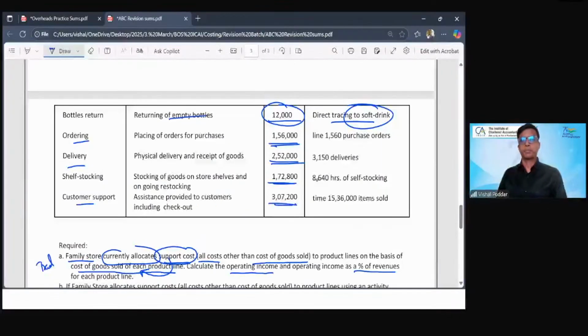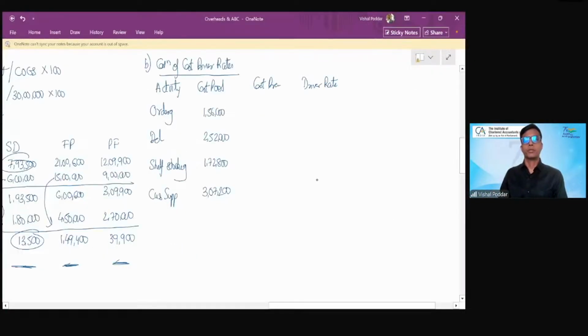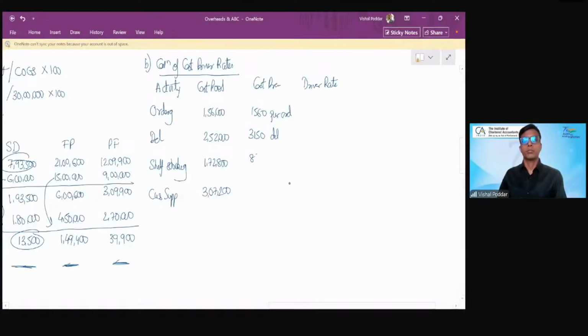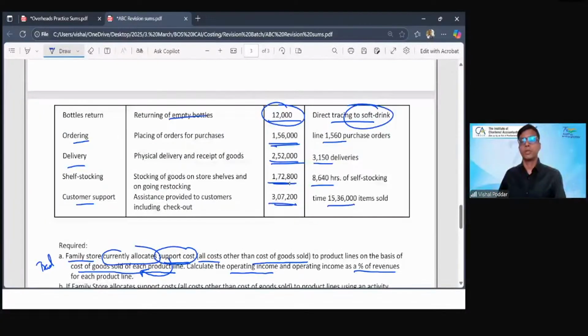Driver: 150 purchase orders, 3150 deliveries, 8640 shelf-stocking hours, 1536 line items.